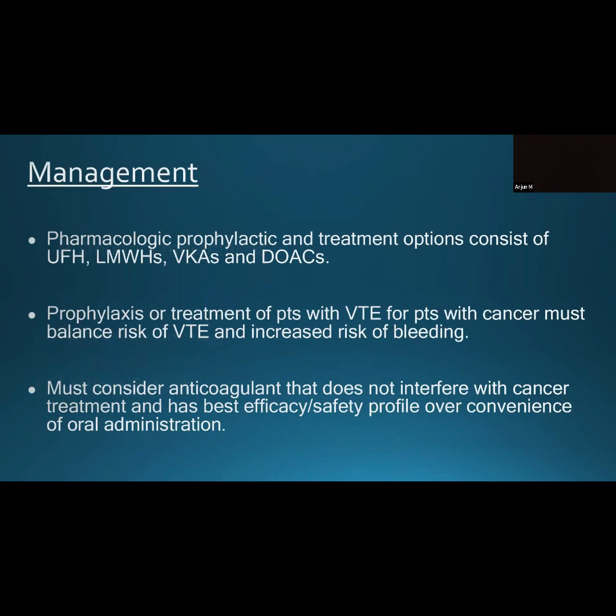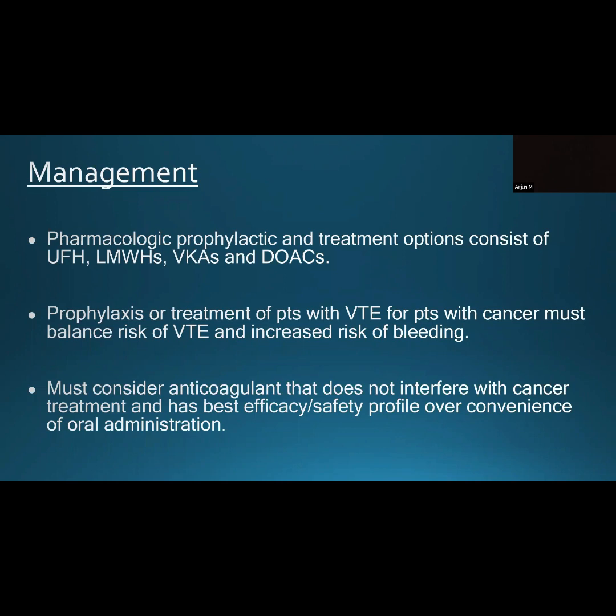With regard to the management of venous thromboembolism, we can consider pharmacological prophylactic and treatment options, which consist of unfractionated heparin, low molecular weight heparin, vitamin K antagonists like warfarin, and direct oral anticoagulants. Most of the time, there's a dilemma regarding prophylaxis in patients having a venous thromboembolic event.